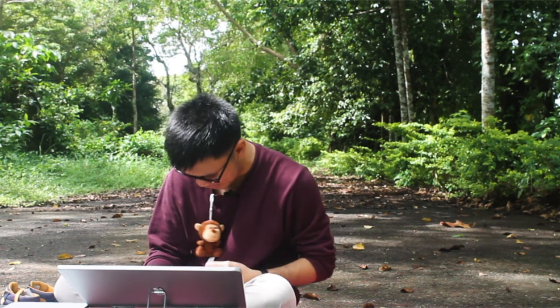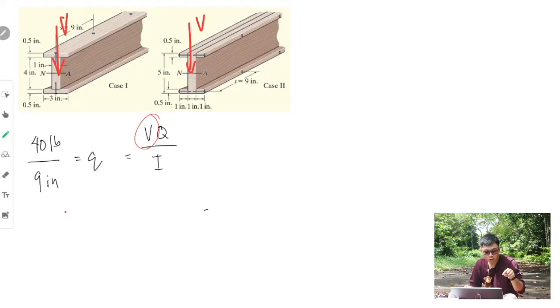Your Y bar can be simply determined because this is symmetric at the bottom and top. Therefore, your Y bar is equal to 2 plus 0.5, so that is 2.5, because that is half of 5.